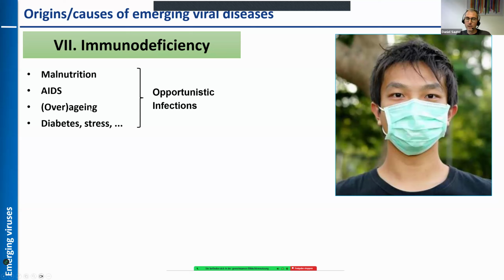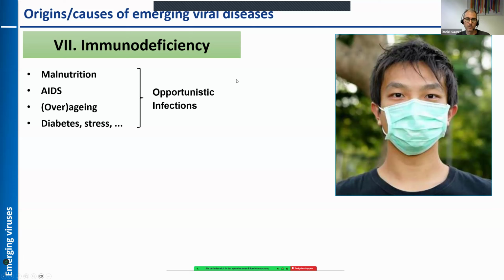Also, increased aging or age is associated with immunodeficiency, and this is important, particularly today where people get older and older. So, with this, people may also be more vulnerable to infections that do not cause disease in immunocompetent individuals, but only in immunodeficient individuals, and we refer to these infections as opportunistic infections.